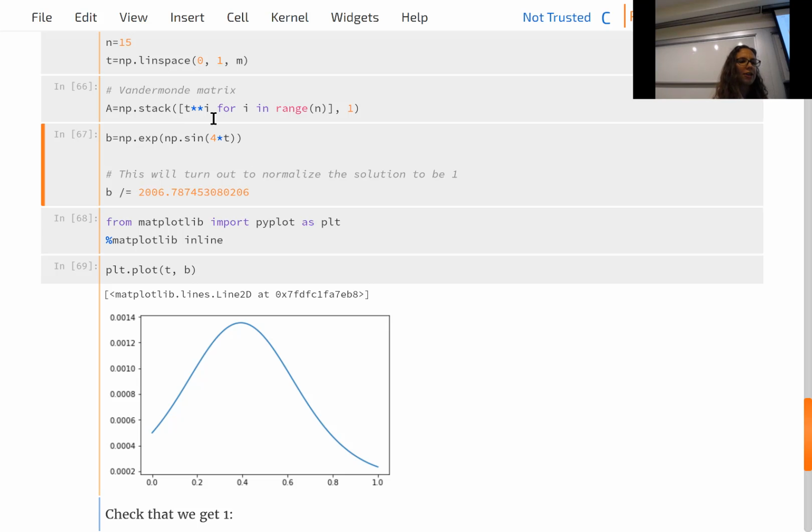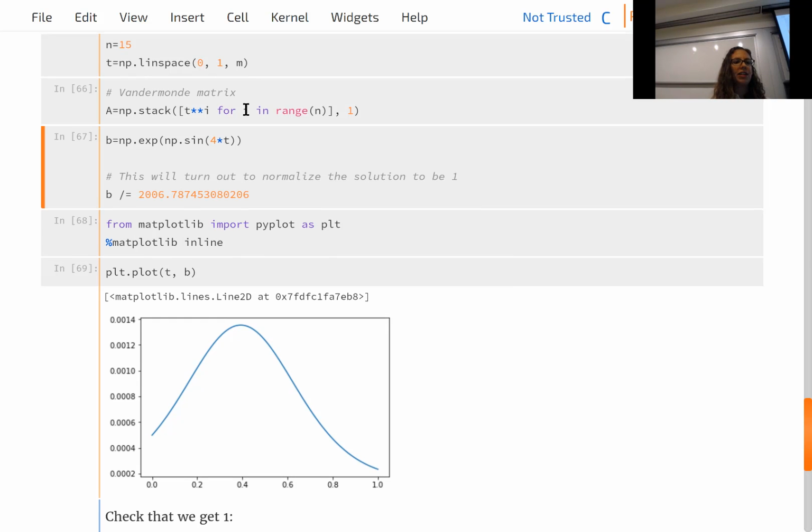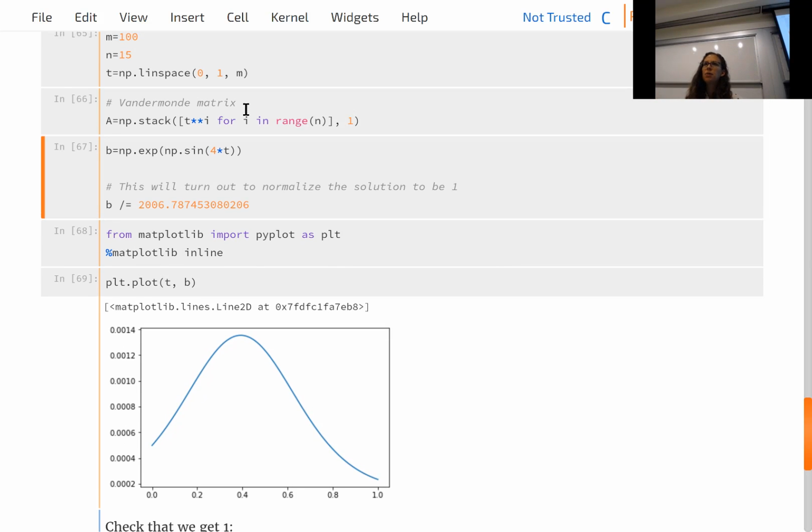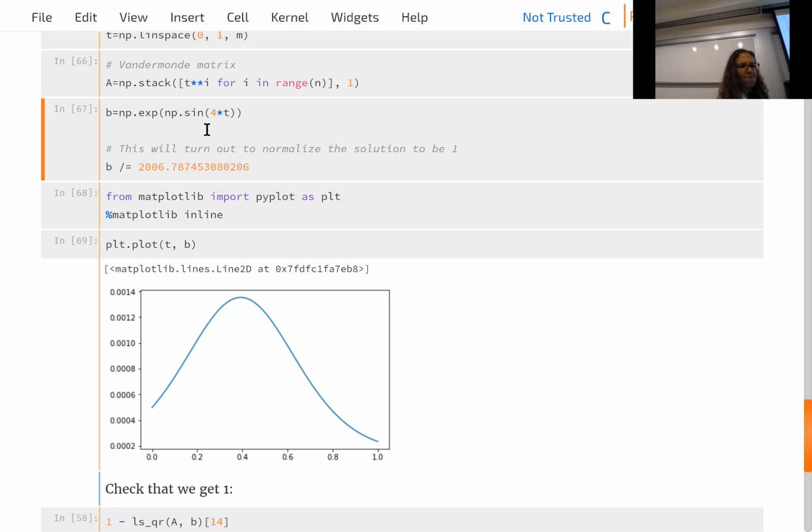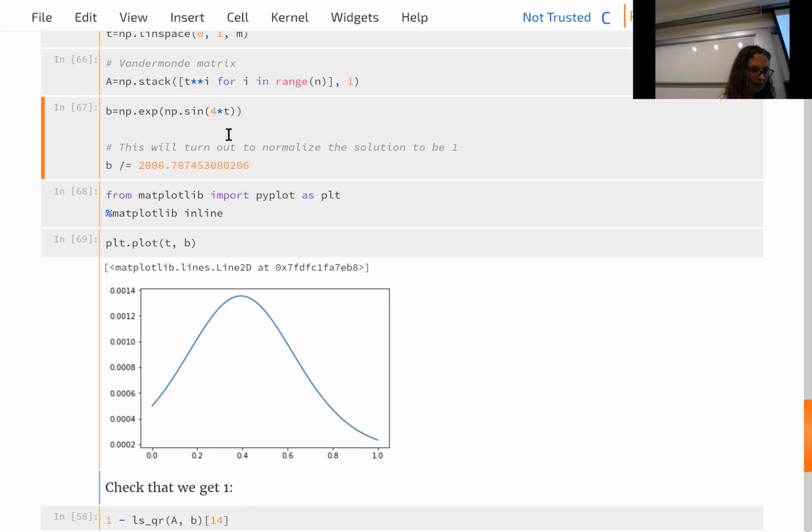We're creating this matrix by taking powers of t. We have evenly spaced points between 0 and 1, and then we're taking different powers of them, and then doing e to the sine of 4 times that.